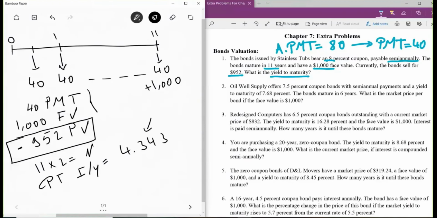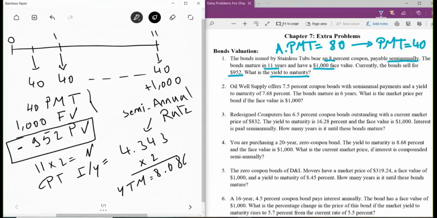This is the semi-annual rate. So in order to get the yield to maturity, I need to multiply that answer by 2. So YTM equals 8.686%.